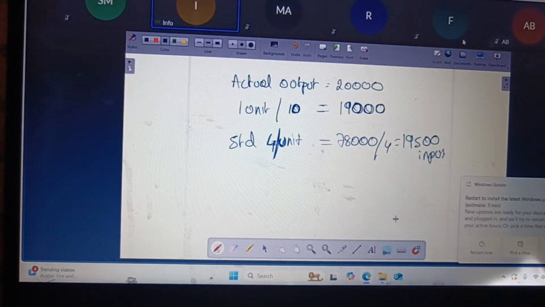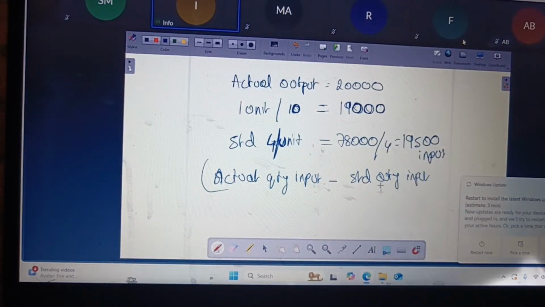What is the formula? Actual quantity of input minus standard quantity of inputs for actual output. That's the formula, right? For standard rate. So this is 19,000. This is 19,500.